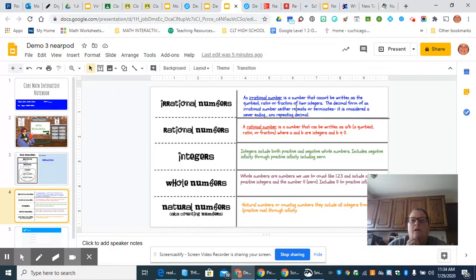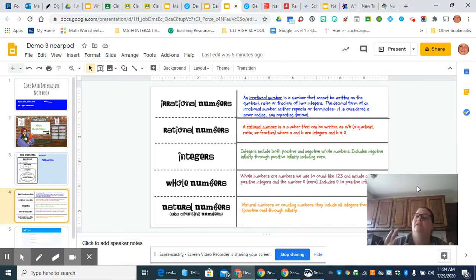Integers include both positive and negative whole numbers, basically negative infinity through positive infinity, including the number 0. Whole numbers include all the positive integers and the number 0. And then natural numbers only include positive integers, so 0 is not included in the natural numbers.